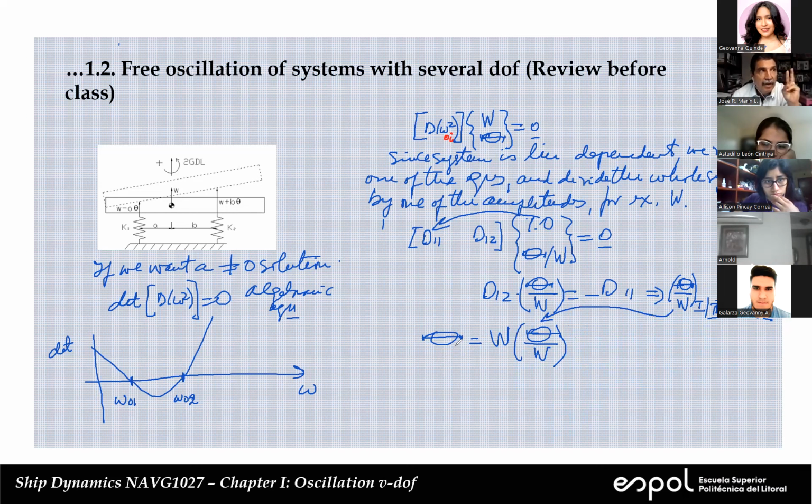But we said that we have two options, right? Since this is a linear problem, we can use one option, the one that we obtained when we replaced omega 0,1, and then calculate this and put it into here. Then we do the same process with the second option, omega 0,2.